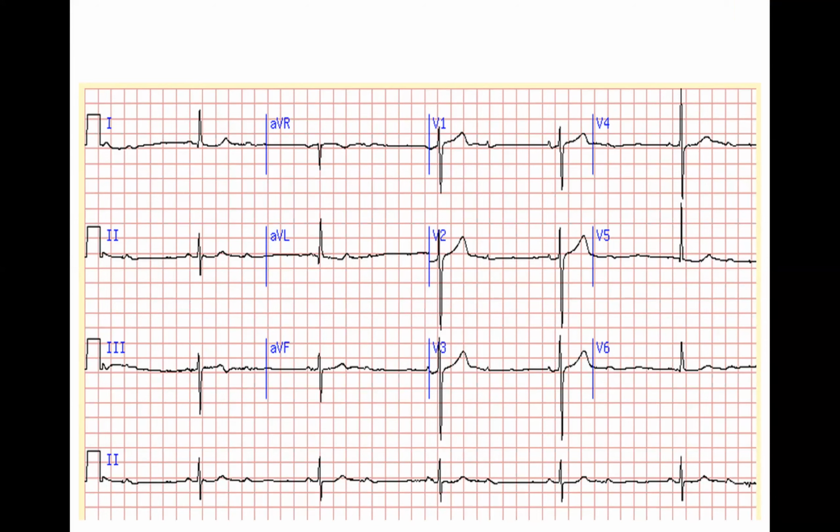Either it is atrial tachycardia, or it seems like atrial tachycardia or 2 to 1 block, because we have 2 P waves followed by a QRS complex in the rhythm strip.